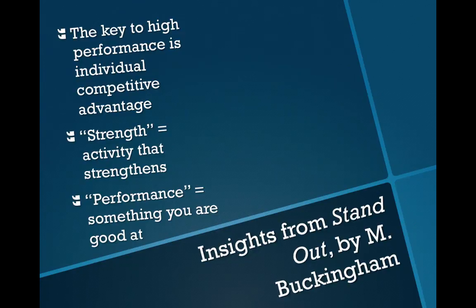Now, the text by Marcus Buckingham, I'll just briefly mention. It's called Stand Out: Finding Your Edge and Win at Work. What we're talking about here is competitive advantage at the individual level, with the theme being that you want to build yourself. Research shows people excel if they get to capitalize on their strengths and their passions.